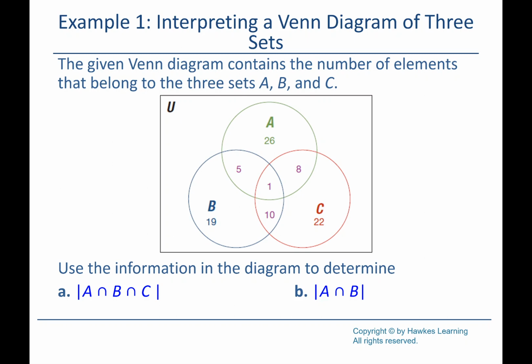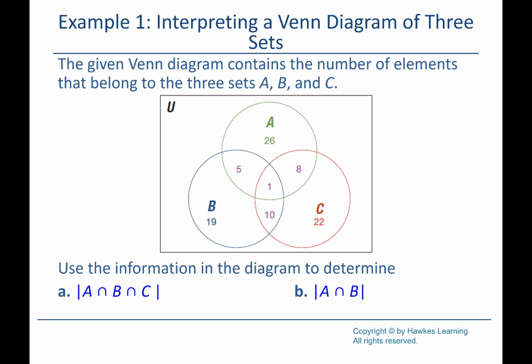So that's right in the middle. And then our absolute value symbol looking thing is cardinal number. This one just says how many elements are in the area of our Venn diagram where A, B, and C all overlap. So once you find that place on the picture, the place where all 3 circles overlap, how many do we have in there? 1. It's got a 1 in there.